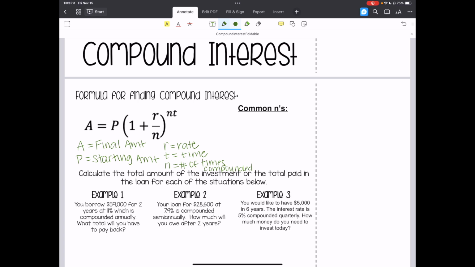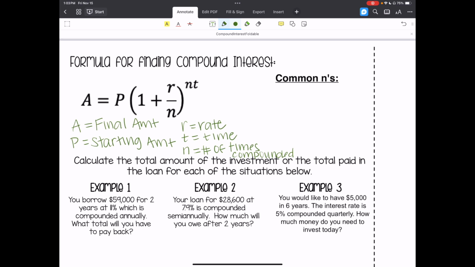And those N values, there are common ones that the bank and any types of loans or investments use. So we're going to define some of those common N values right now. If the bank says that your interest is gained annually, that means your N value is just going to be 1.